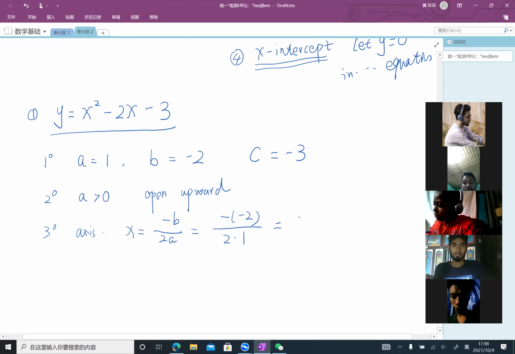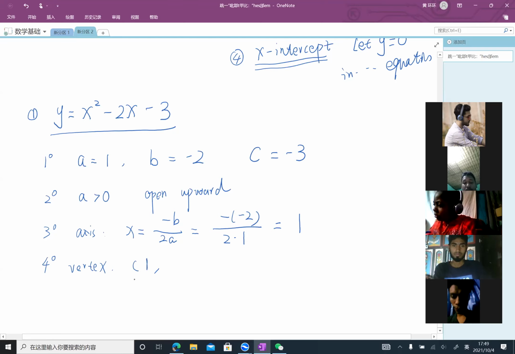So this is equal to 1. The axis for the parabola is x equal to 1. And then we can get the vertex; the x coordinate of the vertex is 1.